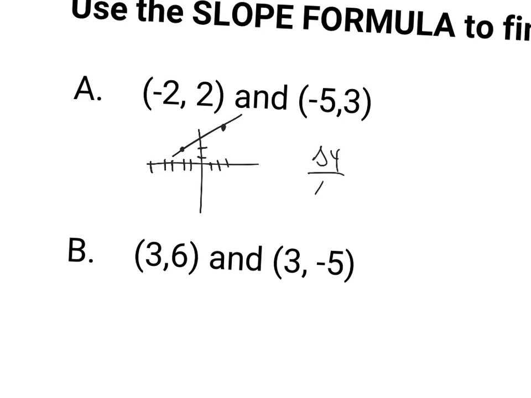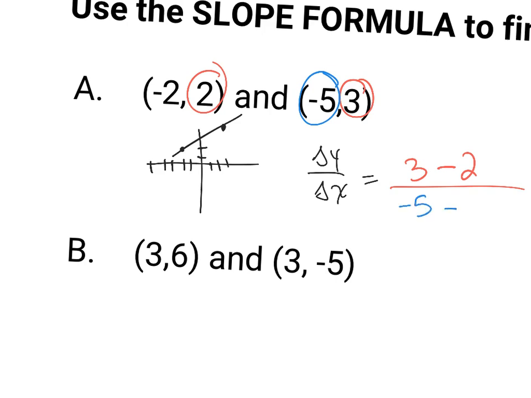Change of y over change of x is the difference of y's, so 3 minus 2, over the difference of x's, -5. And remember, I started with 3, so I have to start with his x, minus -2. Be very careful with that, because you're minusing -2, which becomes plus 2.